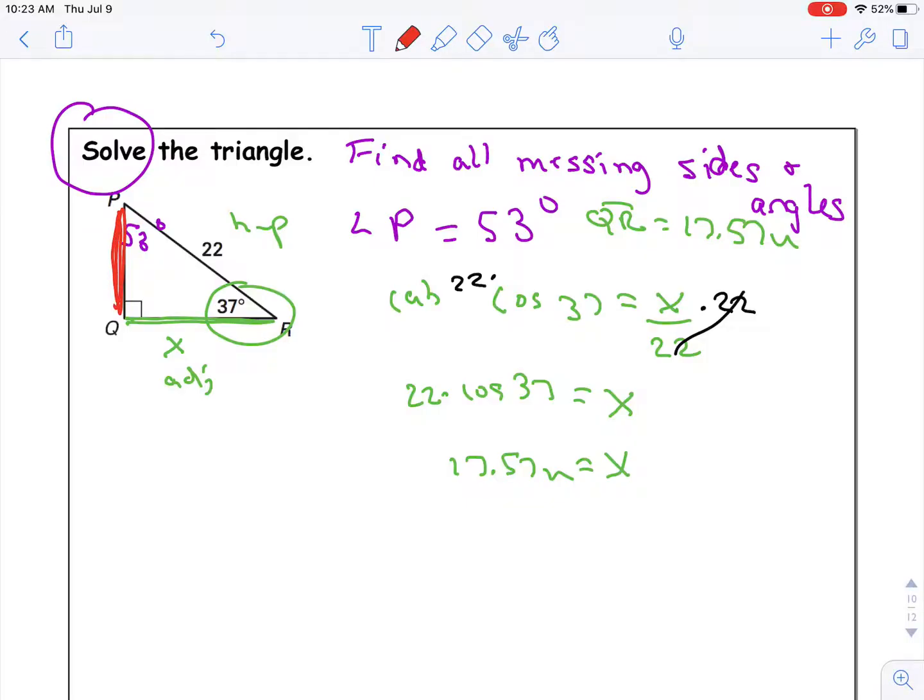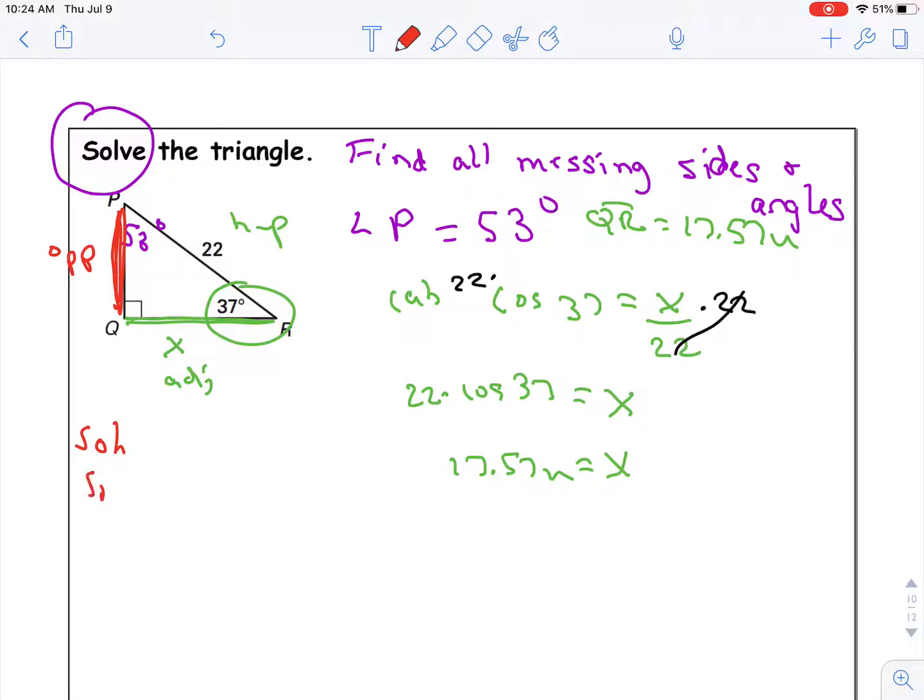I also need to find, though, QP right here. And actually right here, you could use the Pythagorean theorem again because you already found it. But if you're unsure, like if you're taking a quiz or a test, if you've gotten the QR part wrong and use the Pythagorean theorem, automatically your QP will be wrong. So again, sometimes it's just best to do a new ratio. This is the side opposite.